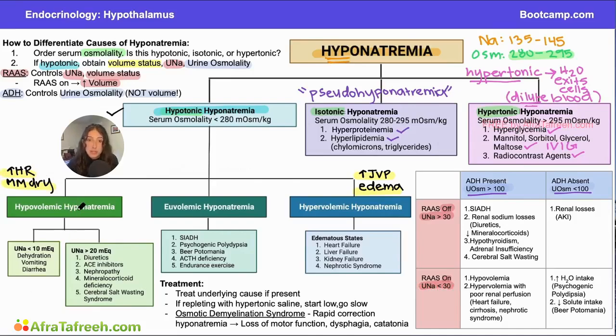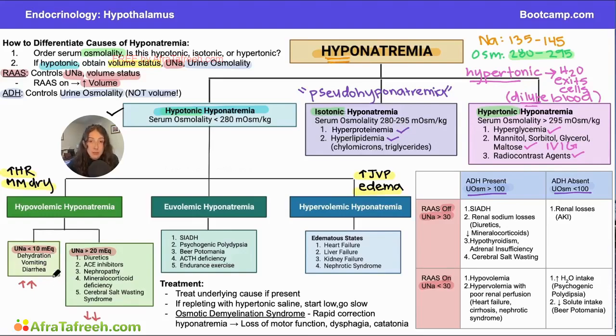Okay, and there's two sets of diagnoses basically within a hypovolemic hyponatremia that are both going to be distinguished by the urine sodium. And urine sodium, as I just told you, is going to be kind of a proxy for RAS. So the difference here is whether RAS is on or RAS is off. So over here in your RAS is active column, we have things like dehydration, vomiting, diarrhea.